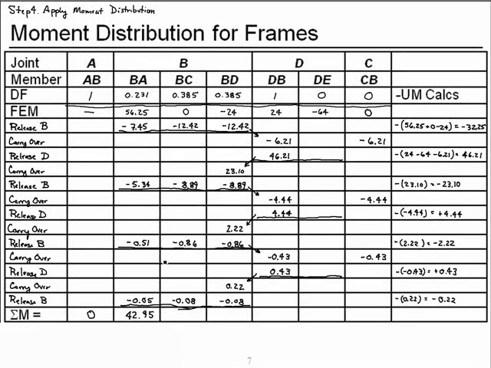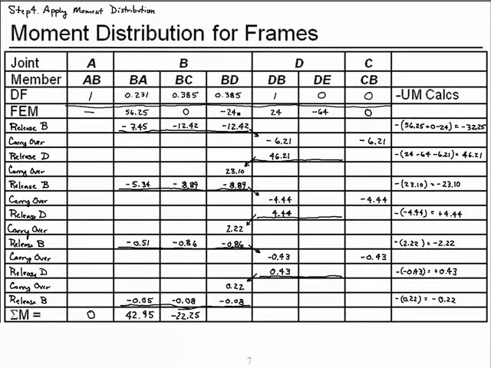42.95. For member BC at node B, we add these up, the 0, the negative 12, the negative 8, the negative 0.86, negative 0.08. Add all those up in our calculator, we get a negative 22.25 foot kips.